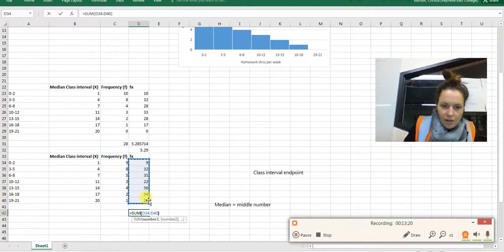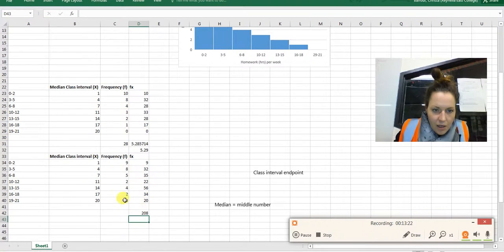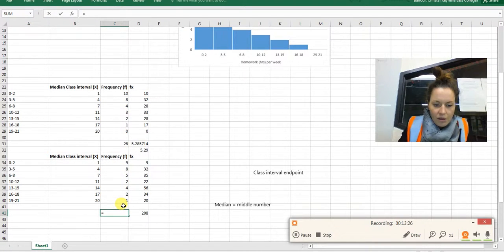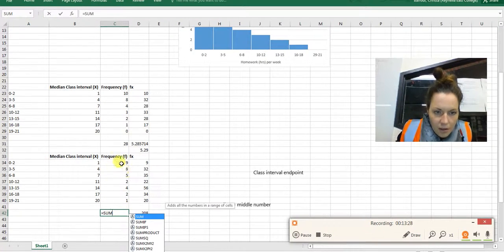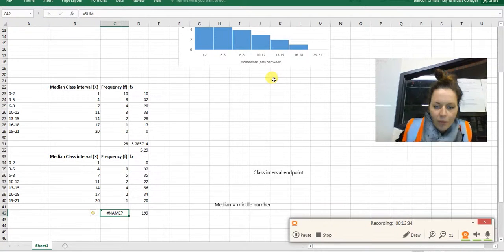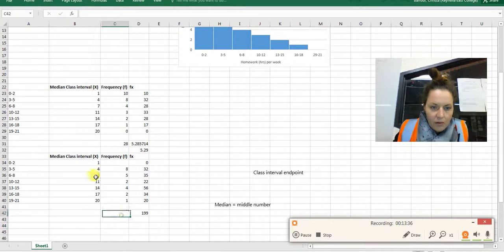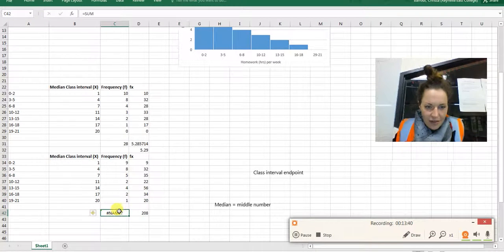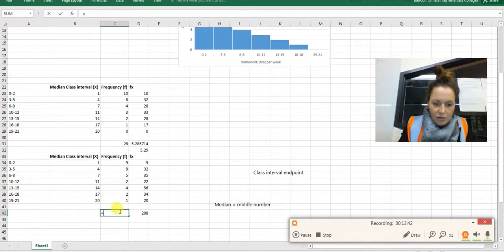Now we need to find out how many respondents we had. So equals sum. Oh no. I love it when I make mistakes on the computer. It's my favourite. So equals sum.